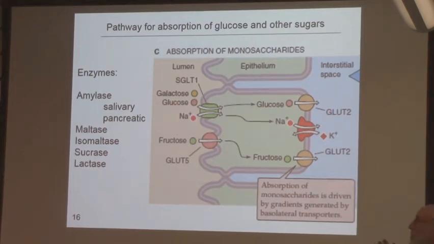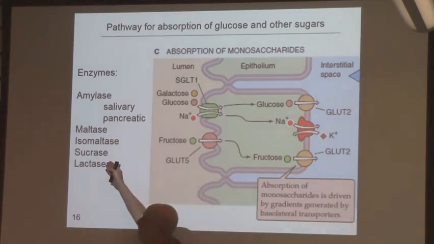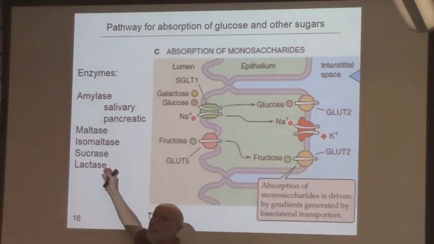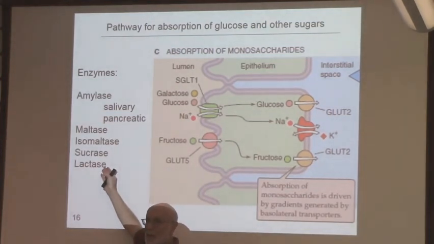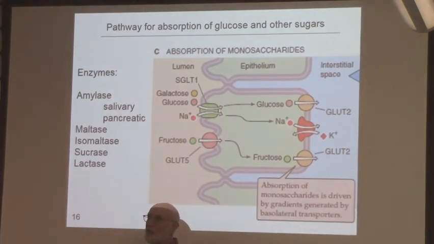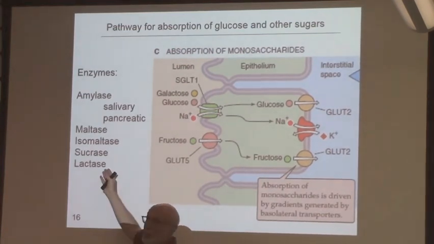So some of you probably don't produce lactase anymore. Humans evolved to produce lactase during infancy when we were drinking milk, but evolutionarily, humans stopped producing lactase when milk was not a food product anymore. In evolutionary times, we stopped producing lactase because we were no longer consuming lactose.